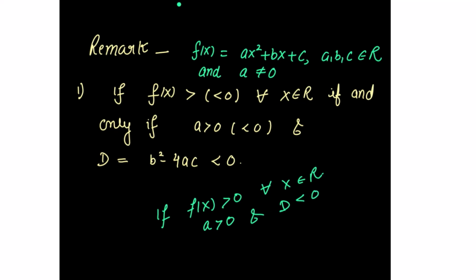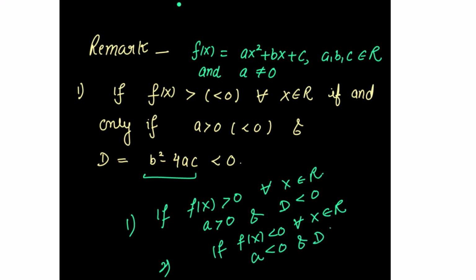What is the discriminant? b² − 4ac. Second, if f(x) is negative for all x belonging to the real numbers, then a is negative and the discriminant should be negative.